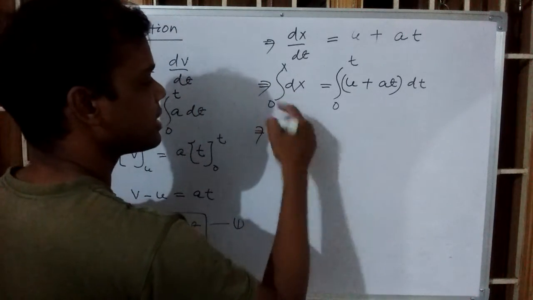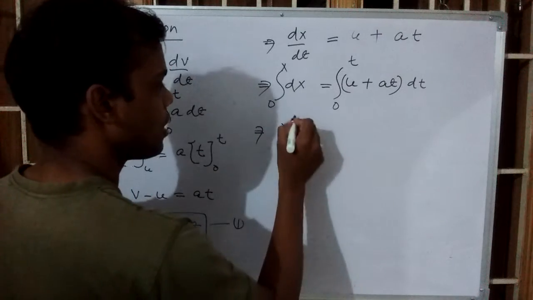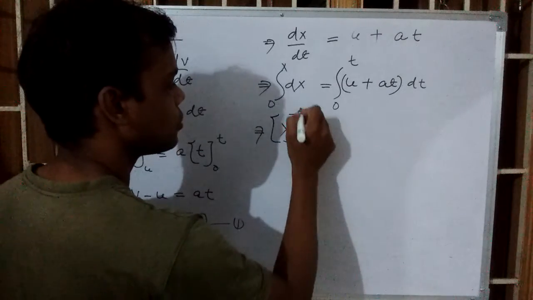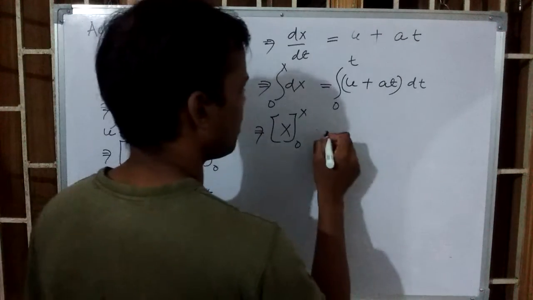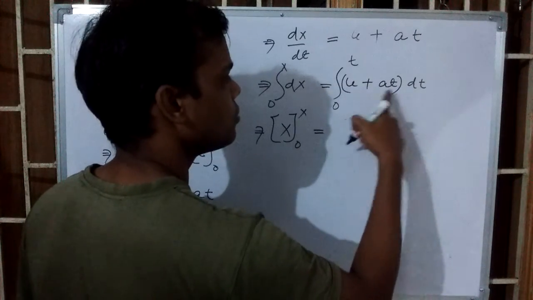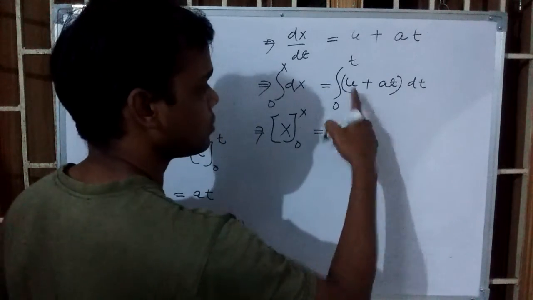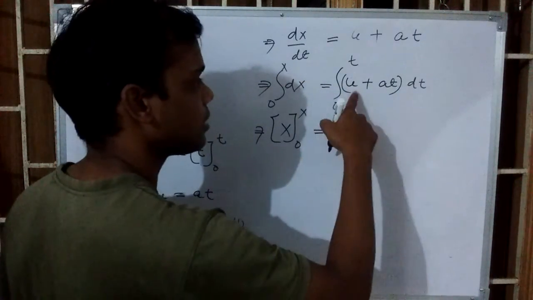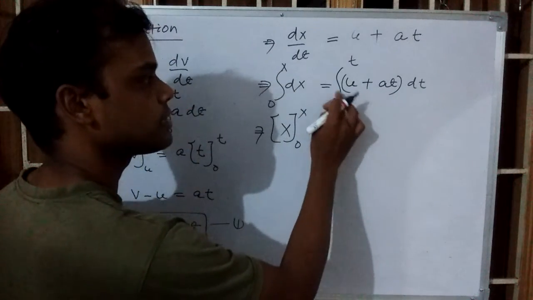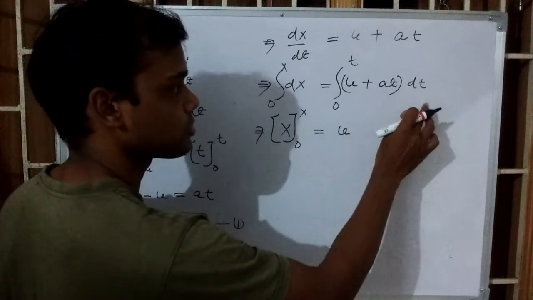Of course dx integration is x itself, and limits are 0 to x. U is a constant, so I'll first write it, then dt. This is plus, so we can separately integrate both these terms.